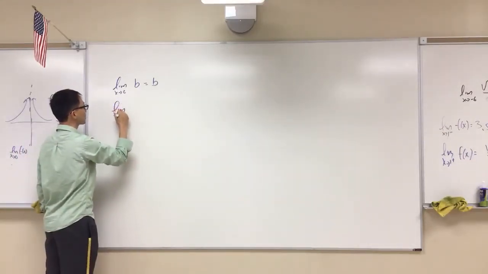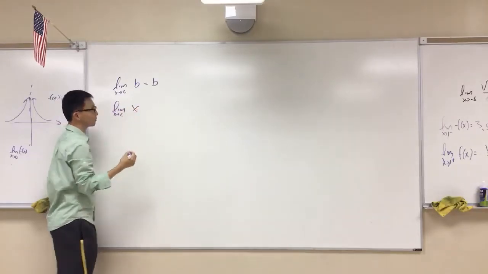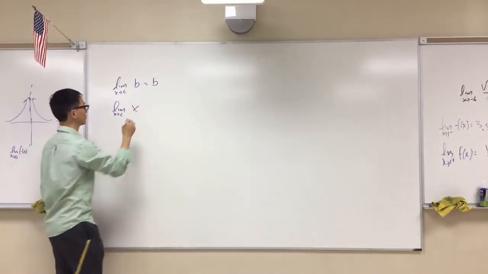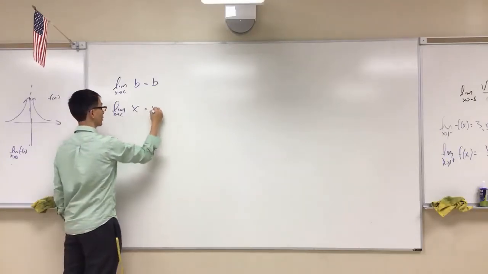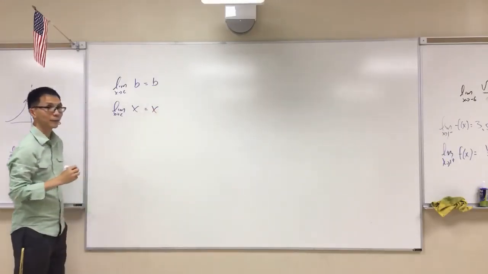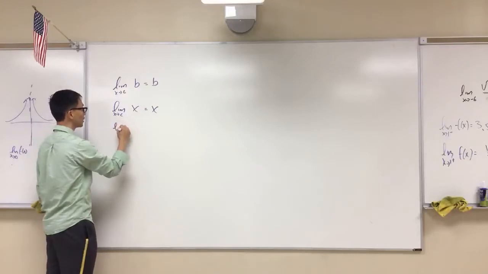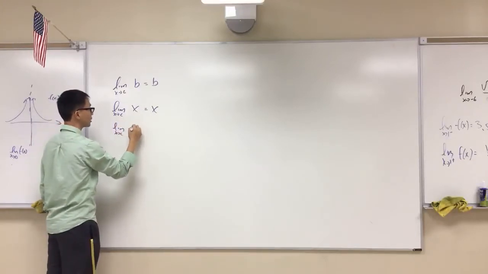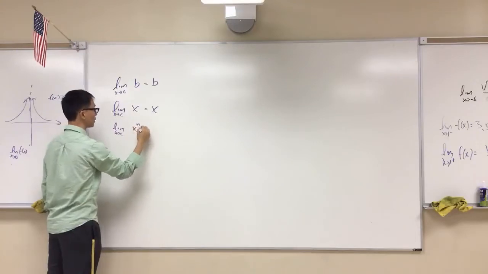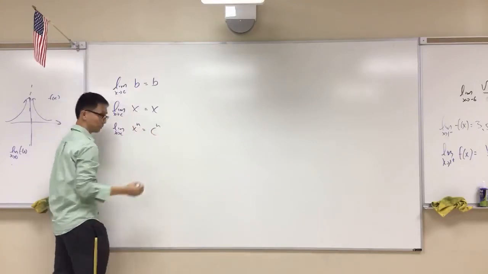The limit as x approaches c of x. What do you think it is? x. Okay. The limit as x approaches c of x to the n is equal to c to the n.